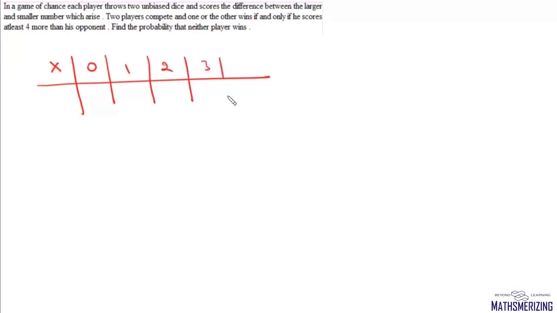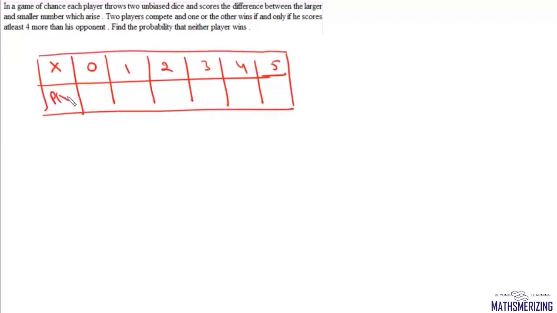Now, if we throw a pair of dice, then in that case, the difference that we can have between the 2 dice are 0, 1, 2, 3, 4 and 5. So these are the possible differences between the 2 dice.